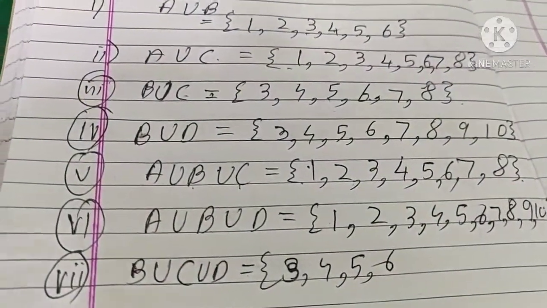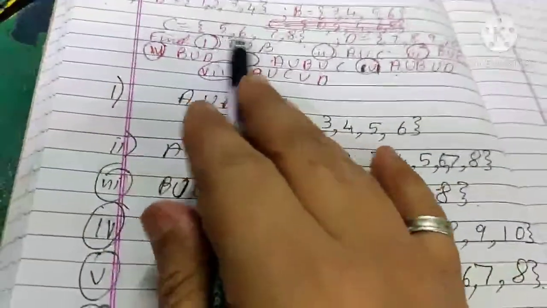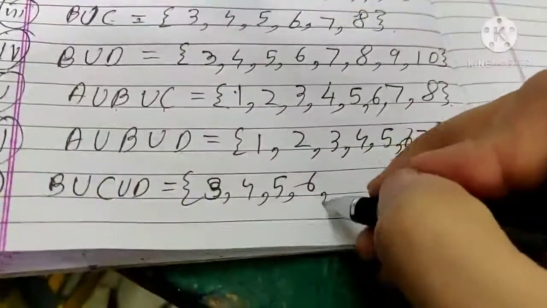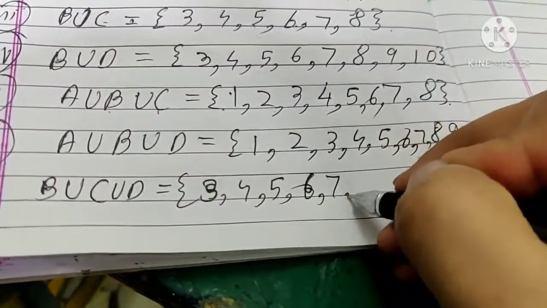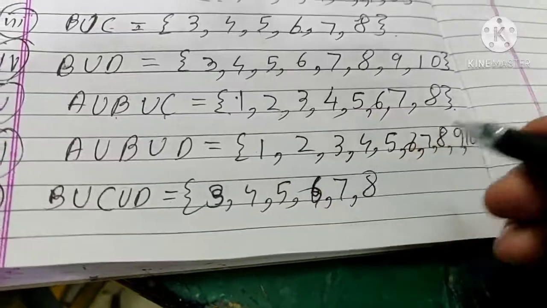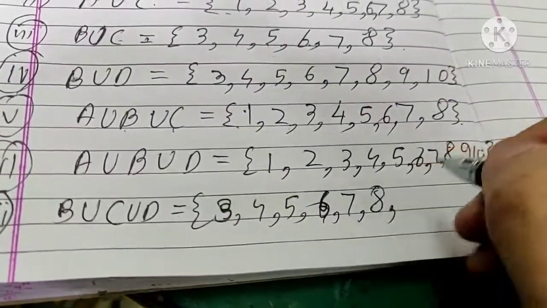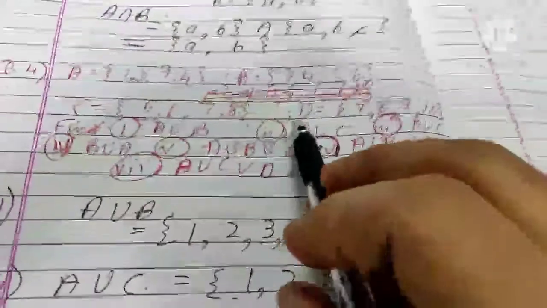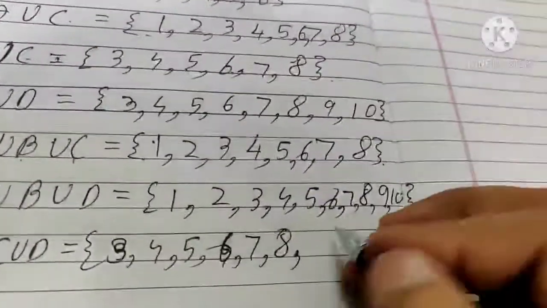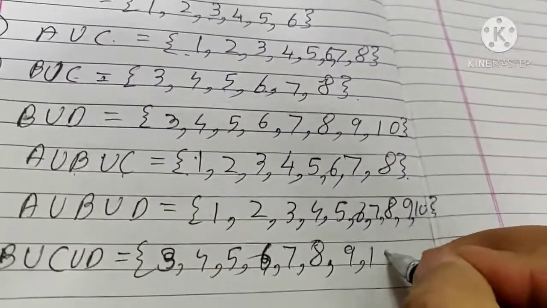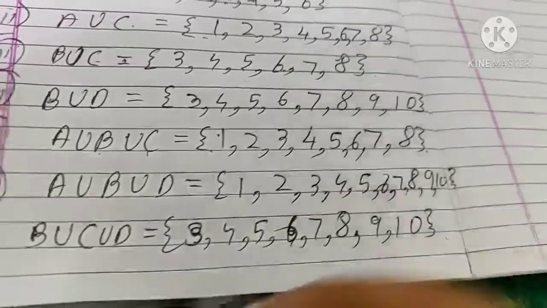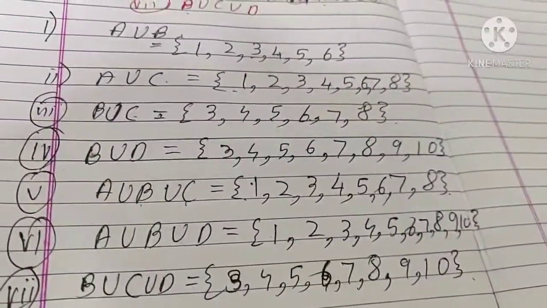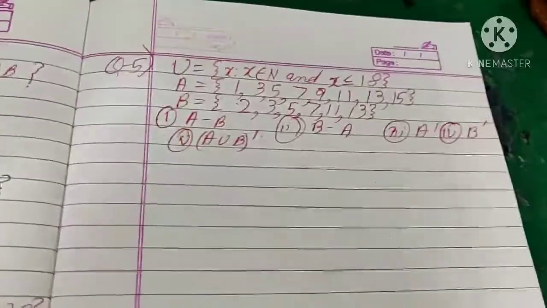Next is C. C is 5, 6, 7, 8. Then D. D is 7, 8, 9, 10. Look, 7, 8 have already been taken. So 9 and 10. Okay. So these are our answers for these questions.